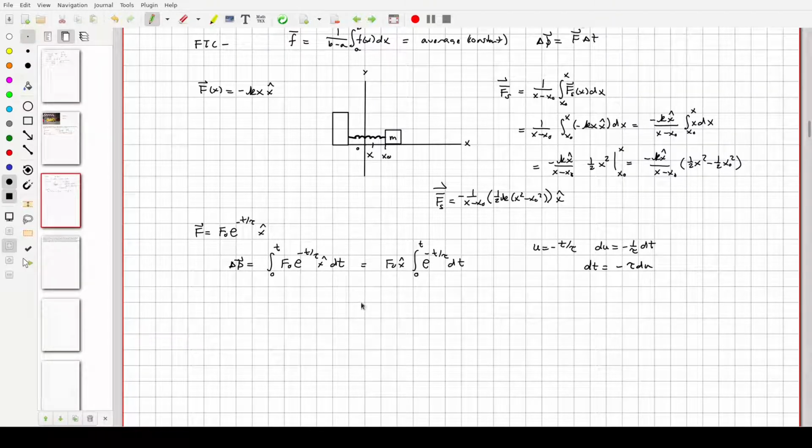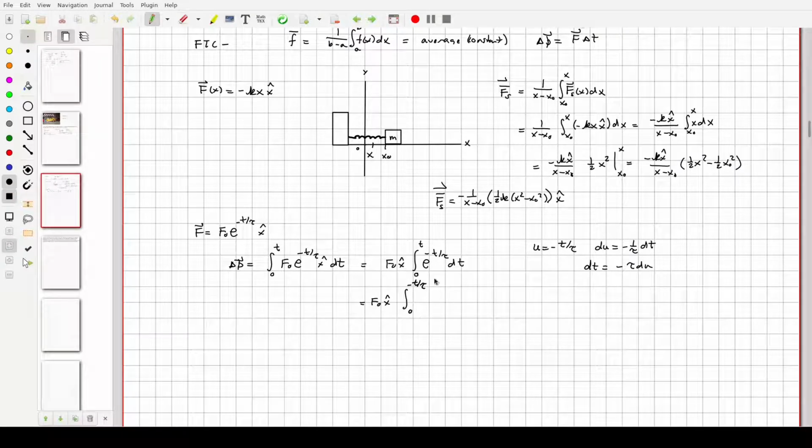Looking at the limits of integration, when t is equal to 0, u is equal to 0. When t is equal to t, u is equal to minus t over tau.